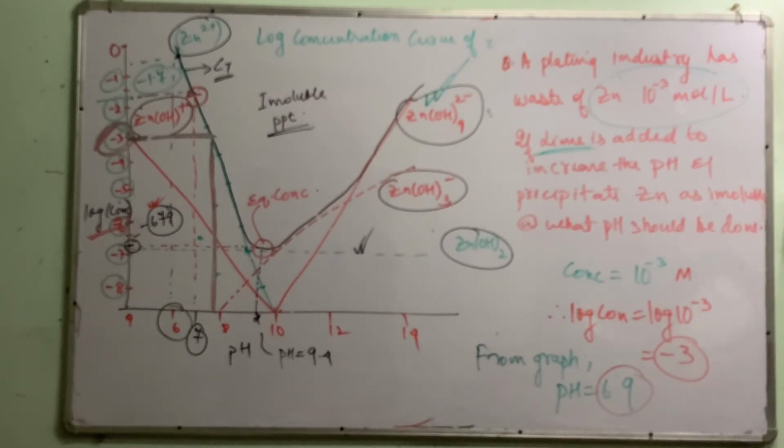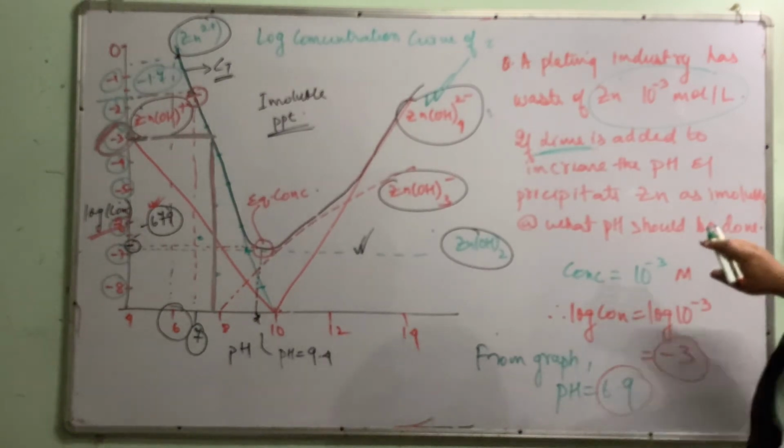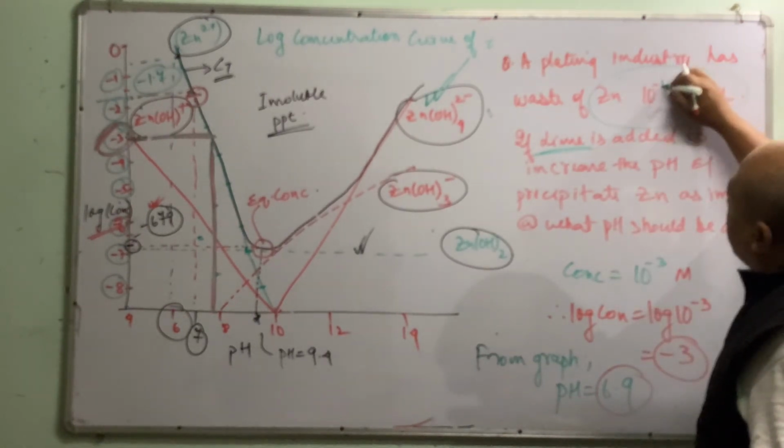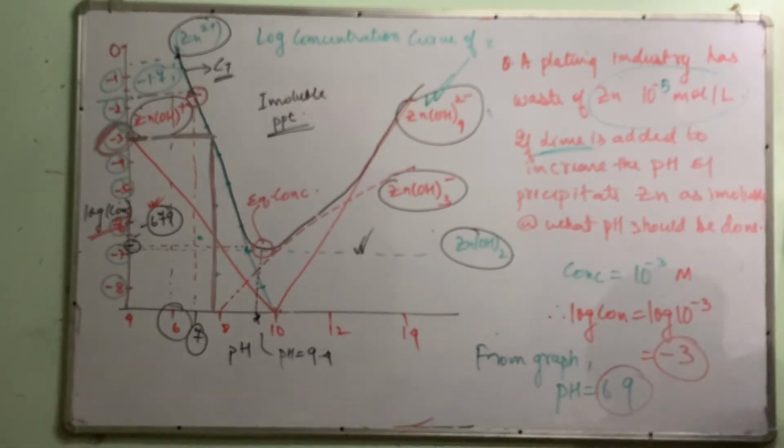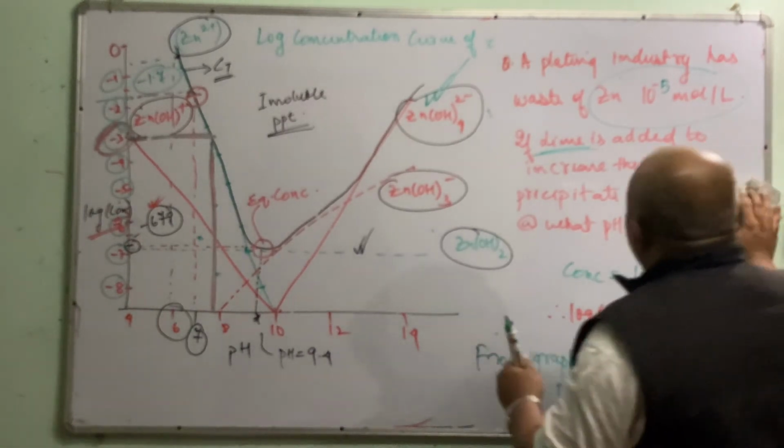Then another question is, what about this one? They say you want to precipitate it out, but you don't want to decrease more than 10 to the power 5. Okay, look here.